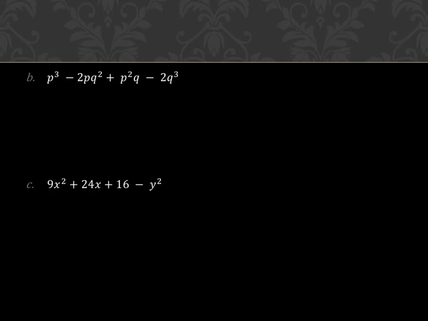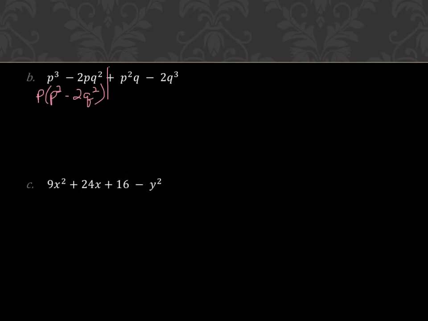B also has 4 terms. So I'll factor it by grouping again. So I can pull out p, leaving me with p squared minus 2q squared.